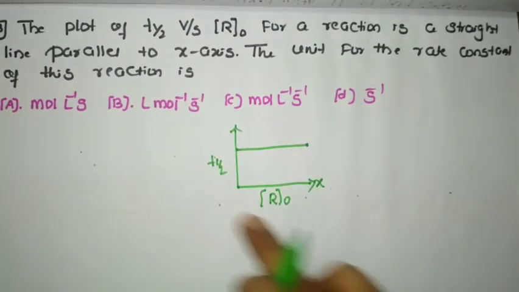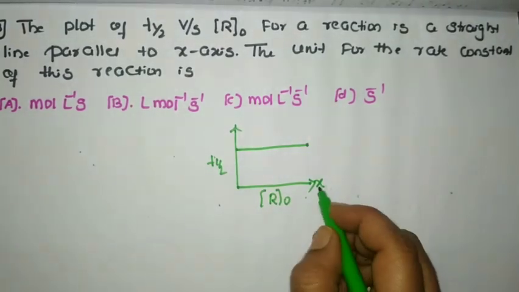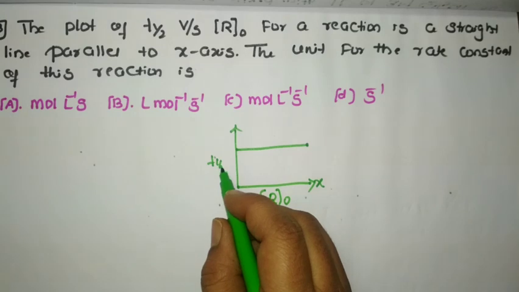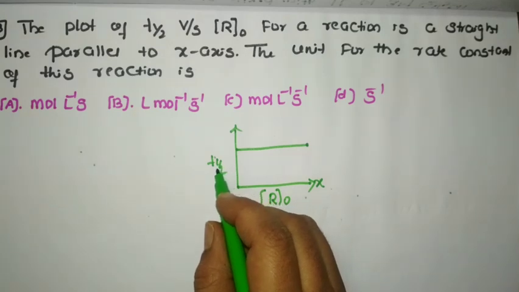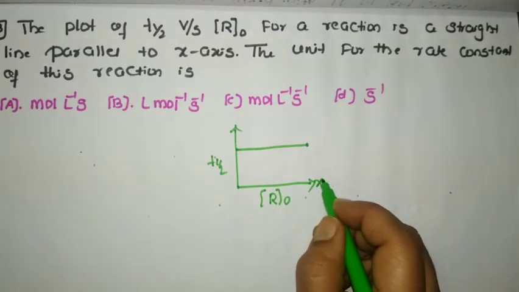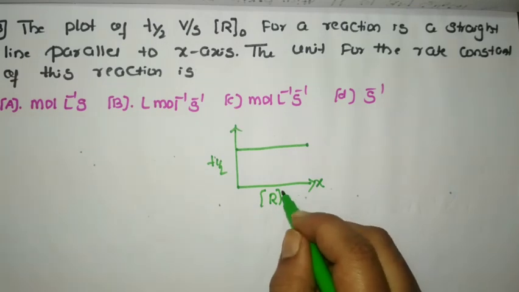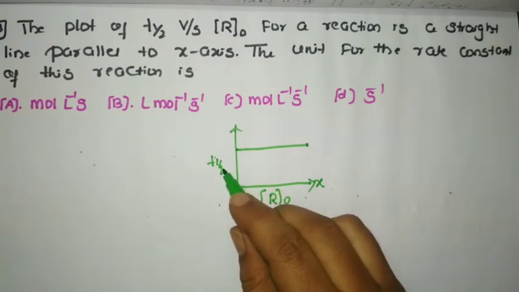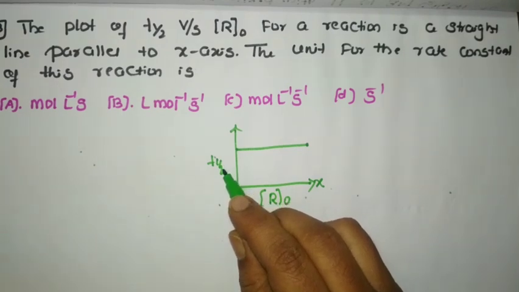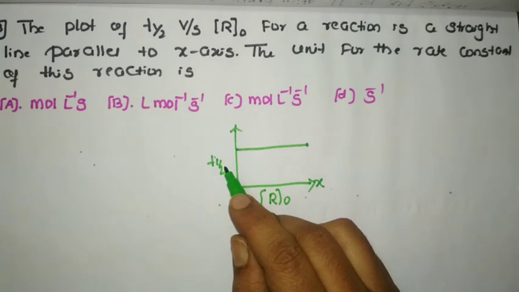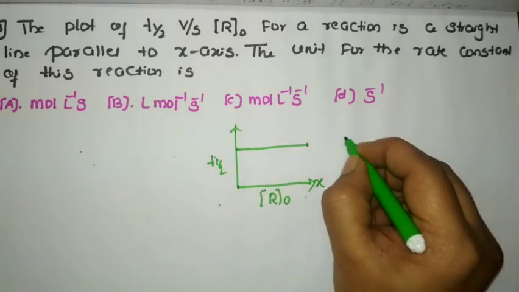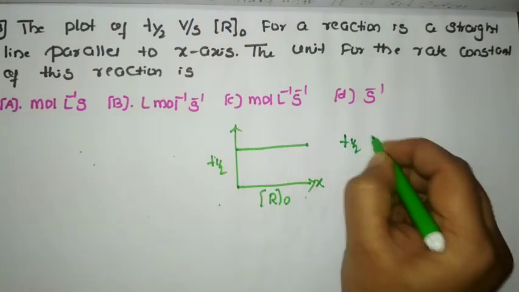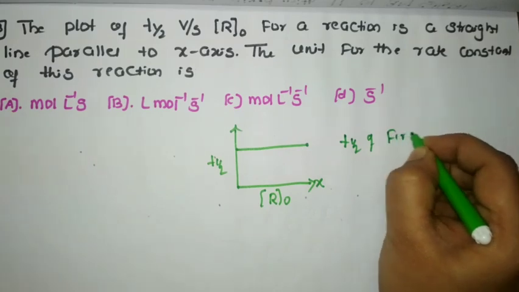By the graph we could say the half-life of the given reaction is independent of the concentration of a reactant. Whether we increase or decrease it, the T half of that reaction does not change or depend on it. When I say this statement, we get an idea that it is the T half of a first order reaction.